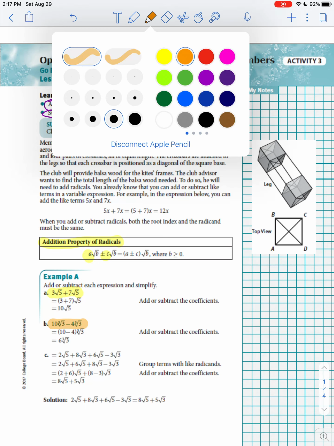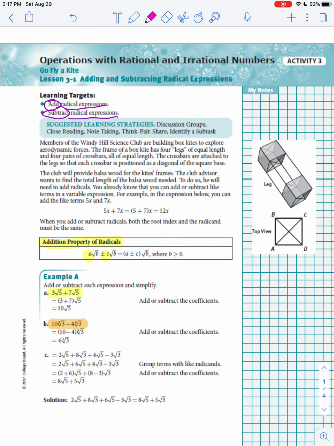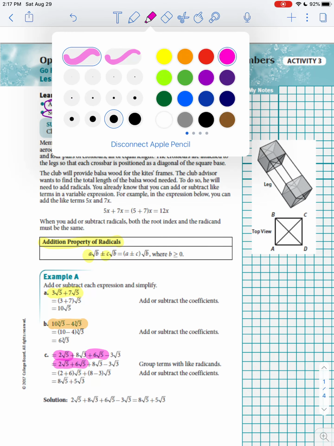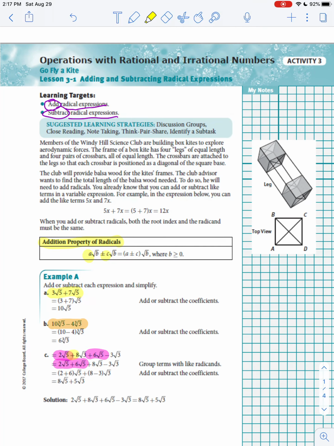Okay, so we're looking for the same index and we're also looking for the same radicand, so the 2 5s or the 2 3s. So now in part C, you should notice I have a 2 root 5 and a 6 root 5. Those two get added together. So what they did is they rewrote them together like that. And then for the 8 root 3, we have a minus 3 root 3.